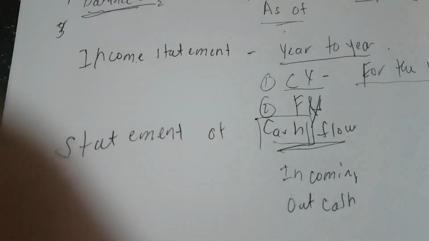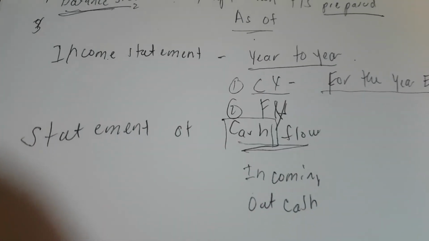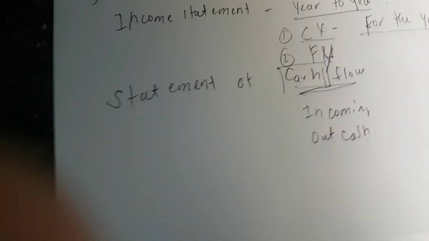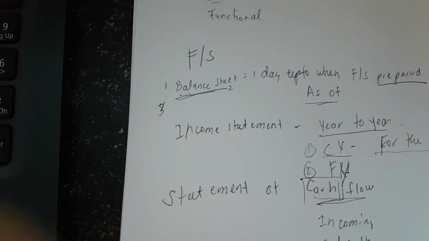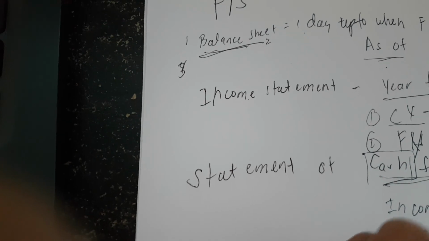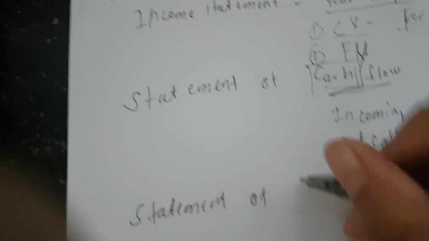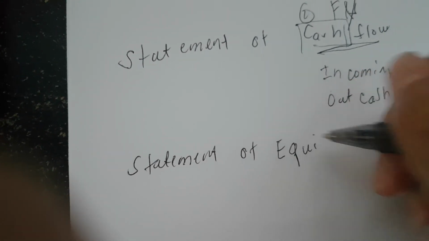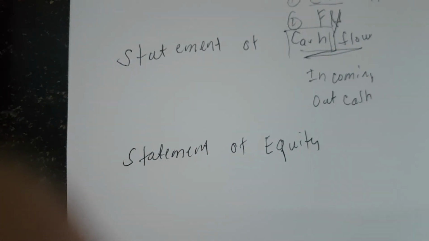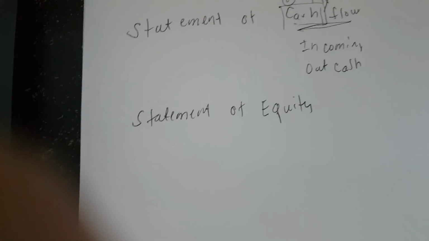So these are only for cash purposes. Okay? Cash usually has three categories. Later, we will discuss each. Next, we also have the statement of equity. This states the accumulations of the capital of an entity within the period.